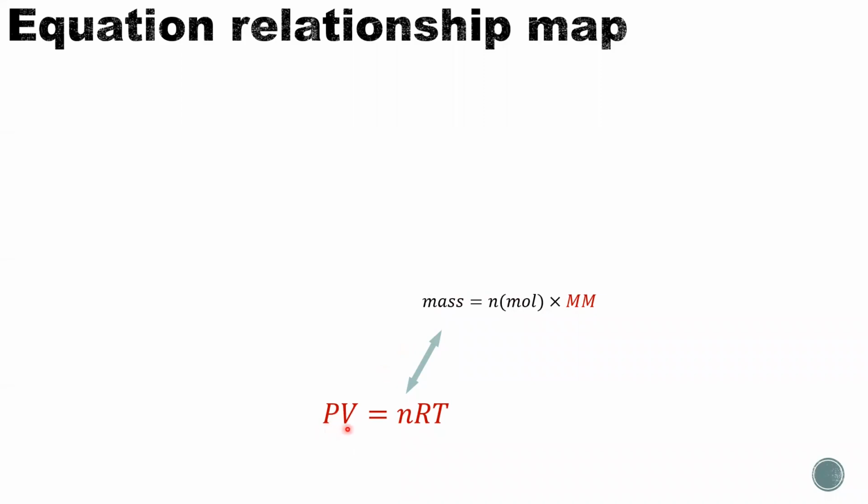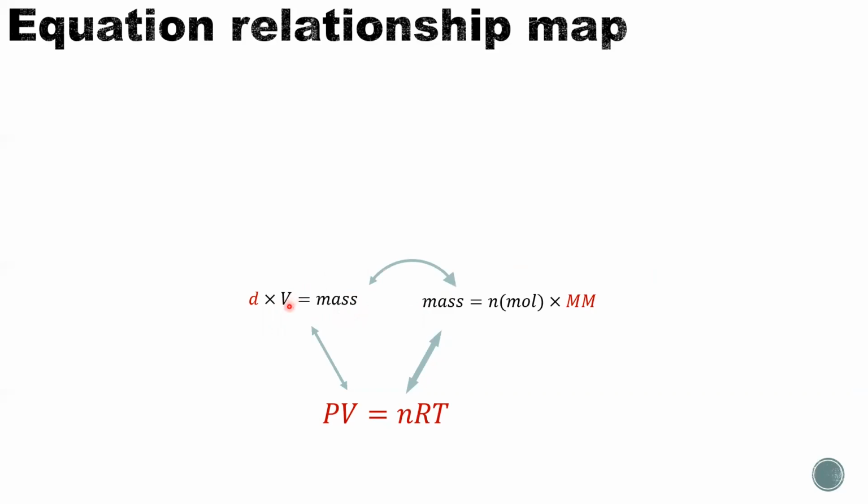Also for the V, the volume, should remind you of the density equation, right? So density times volume equals mass. Once you know the density, you can get the volume from the mass. And these two masses sometimes can be correlated to each other, right?